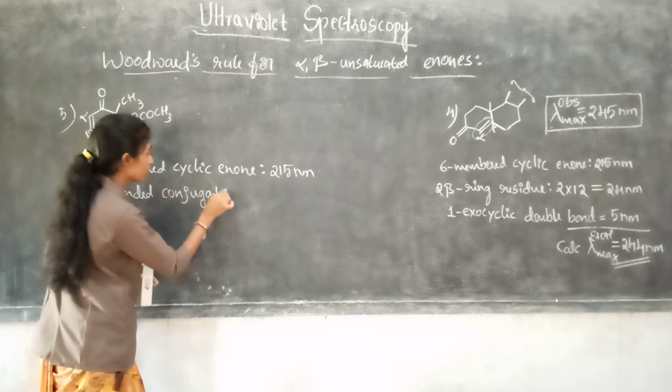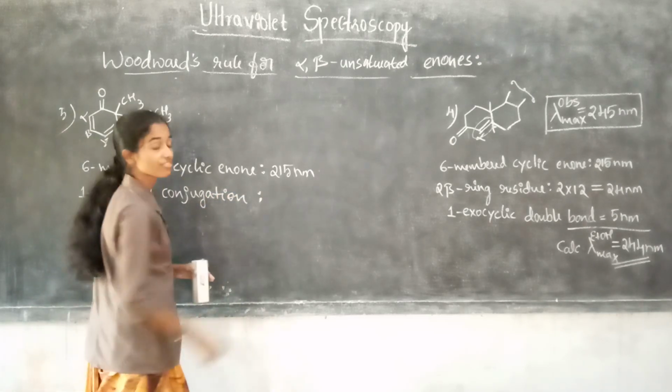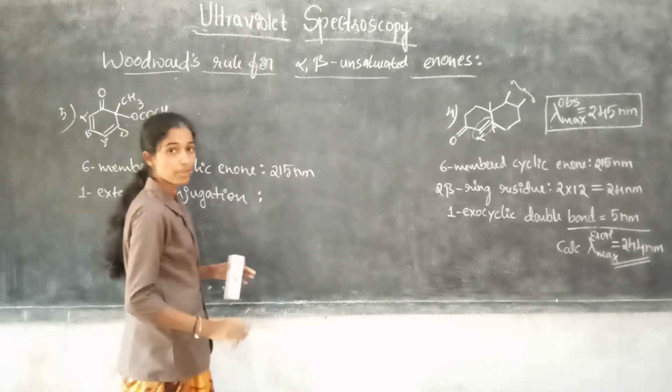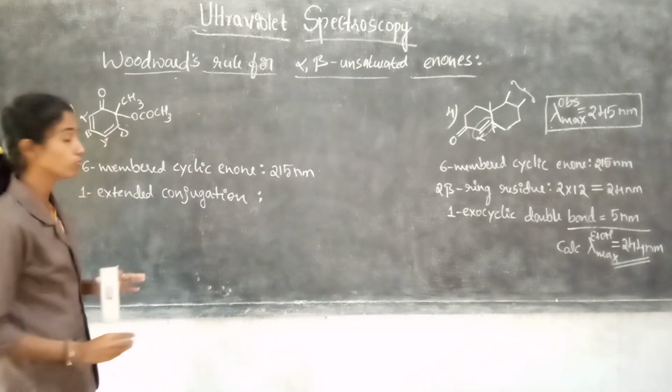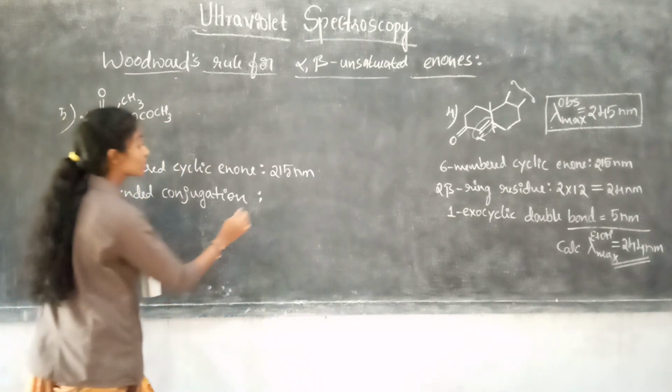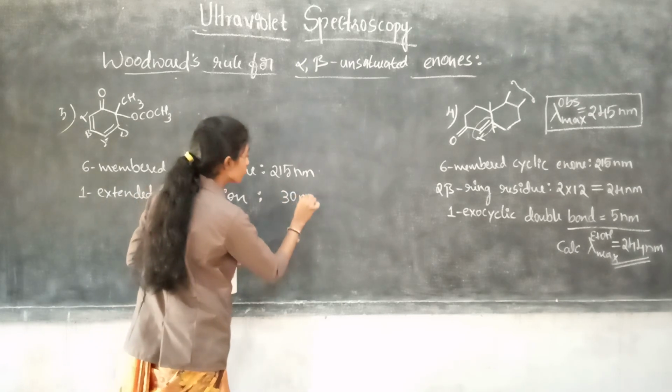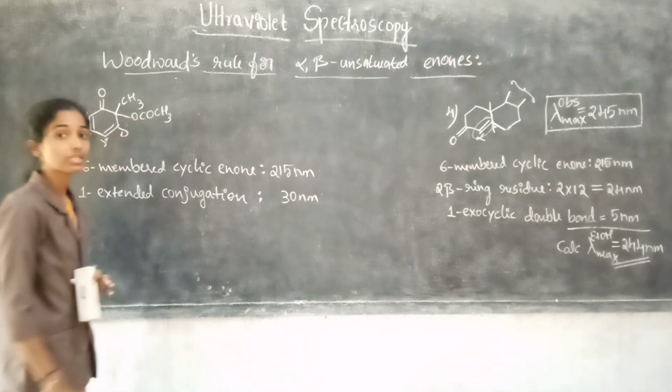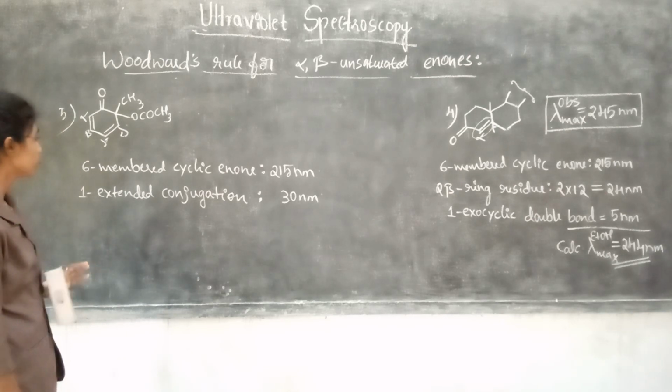Extended conjugation means there will be addition of 30 nanometer to the base value. For each extended conjugation there will be addition of 30 nanometer to the base value.